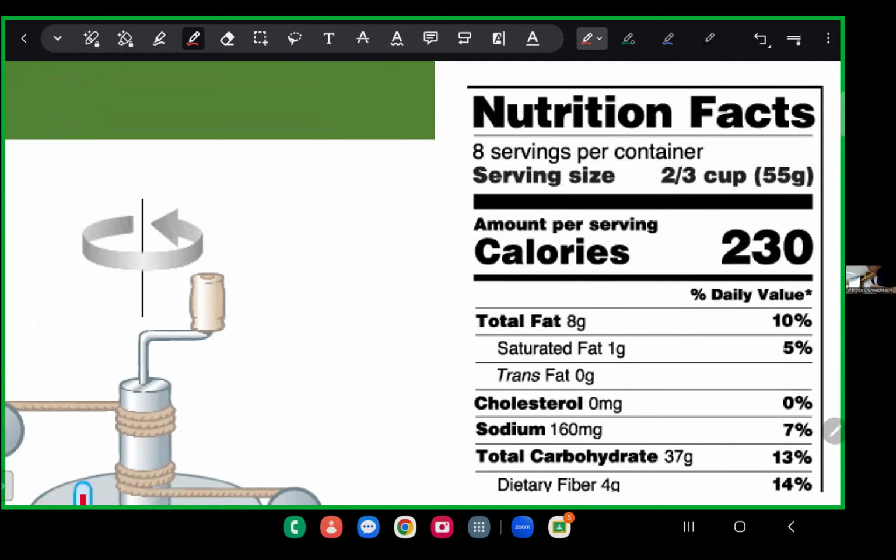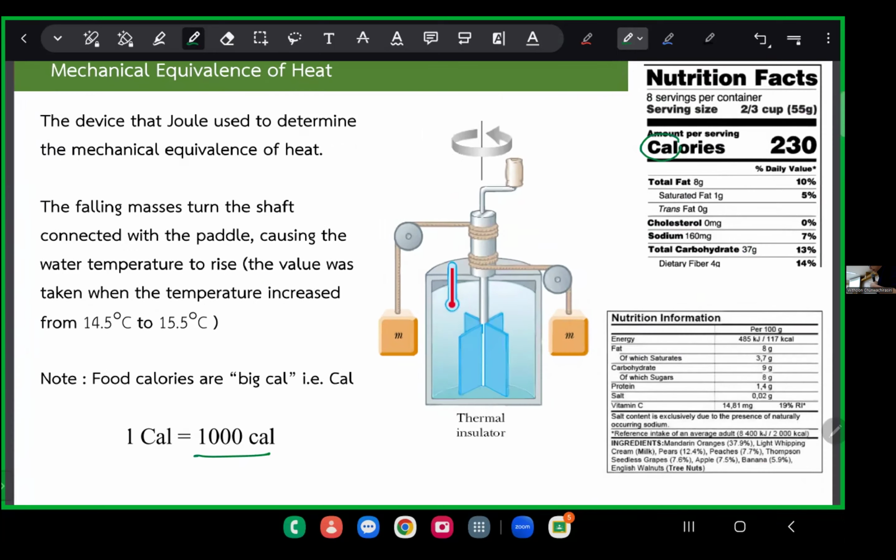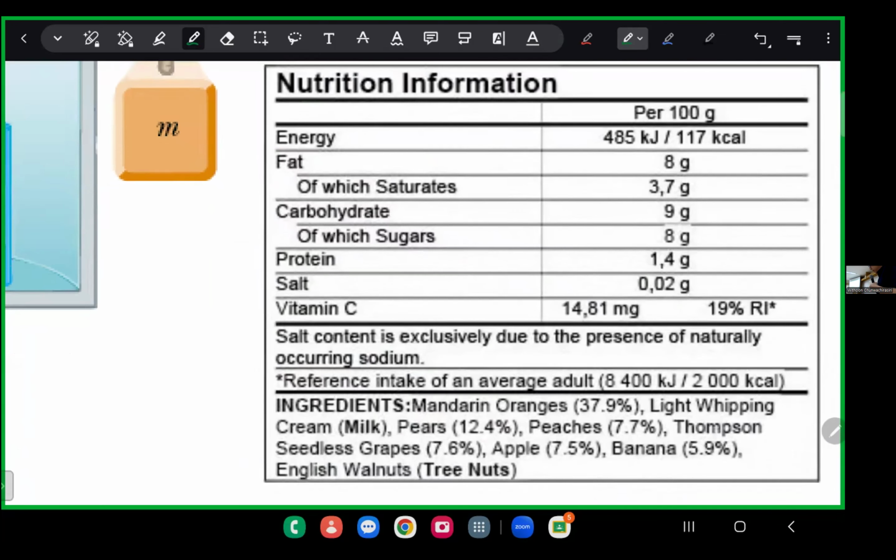This is a big Cal right here. The C over here is a capital C. So a food Calorie is 1,000 of our calories. All right. So in European food packaging, they are more scientific somehow, I can guess. They give you kilojoules and also kilocalories, just the regular one.